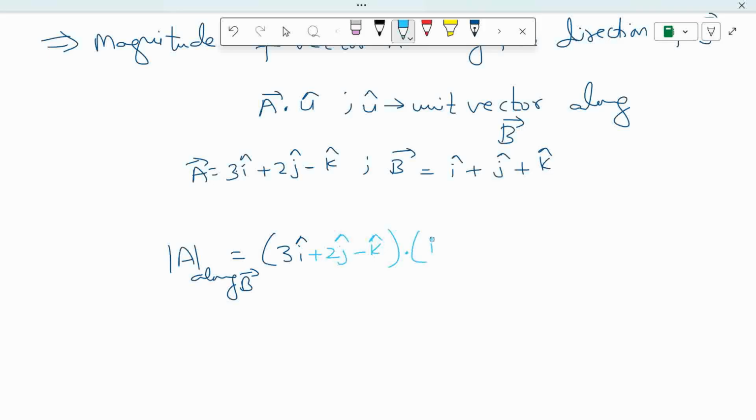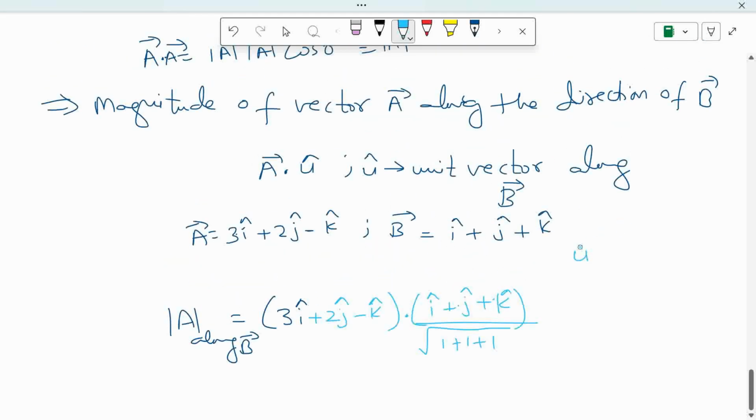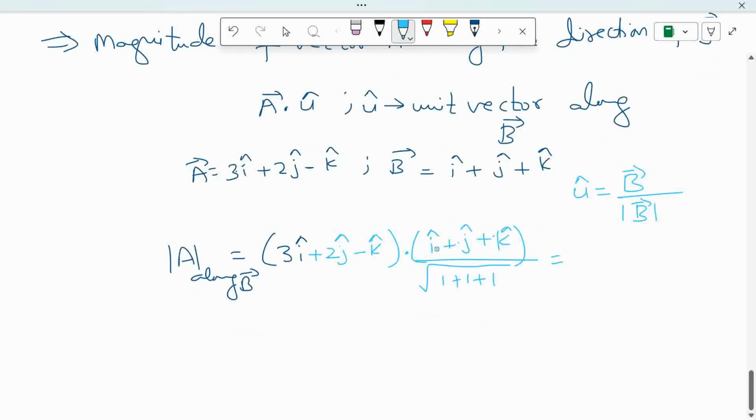In order to get the unit vector along the direction of B, the unit vector of B is nothing but vector B divided by the magnitude of the vector B. The magnitude of the vector B is calculated like this, and this is the vector B. So when we do the dot product, it will be 3 plus 2 minus 1, divided by root 3.